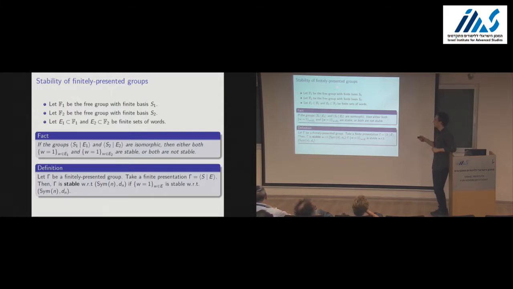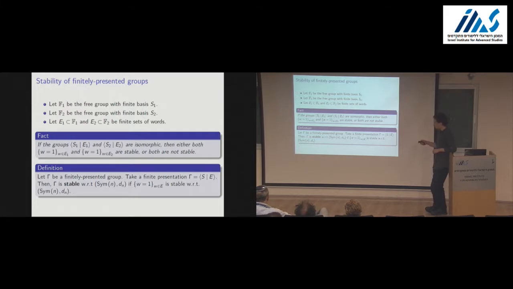So for this, I want to define what it means for a group to be stable. In the previous setting, I had a free group and a basis, and I created equations. Now just take this whole setting twice. Take one free group F1 with basis S1 and F2 with basis S2, and for each of them, take a finite subset of words.